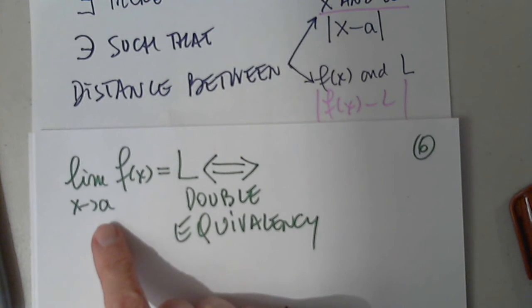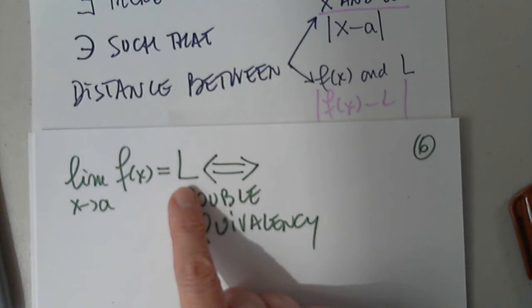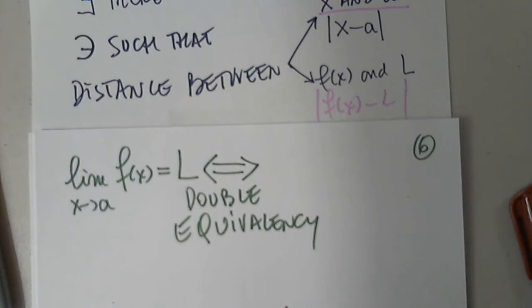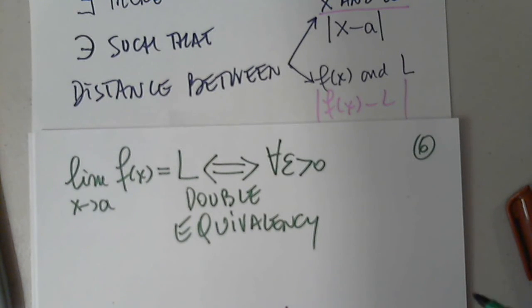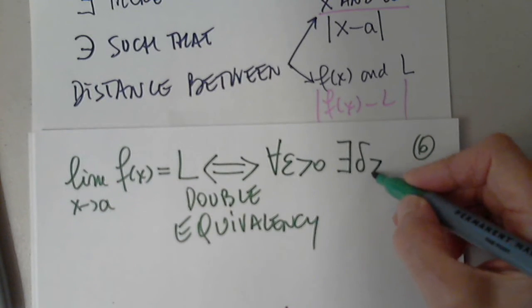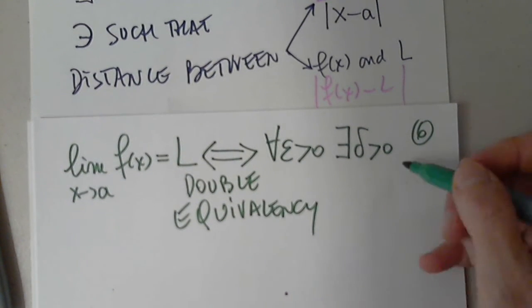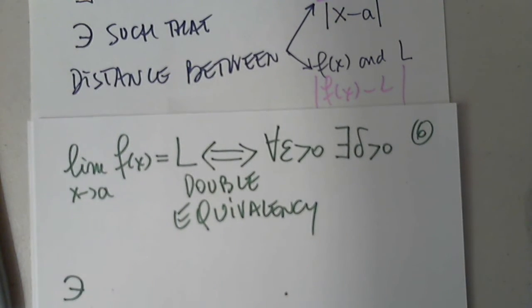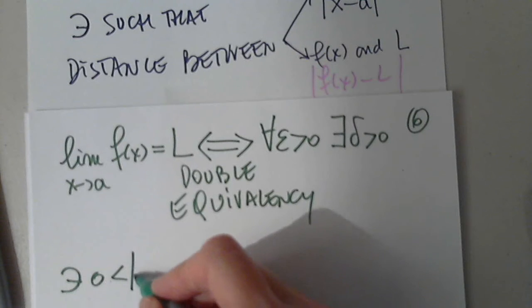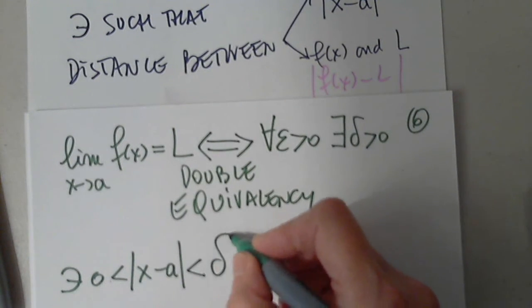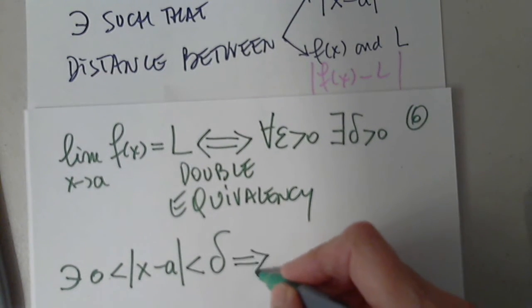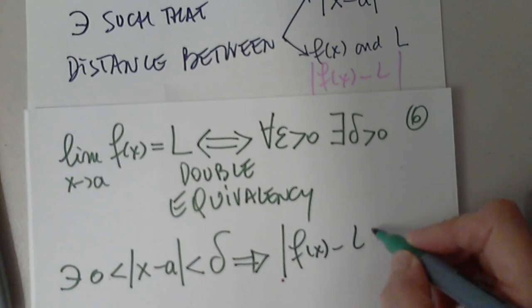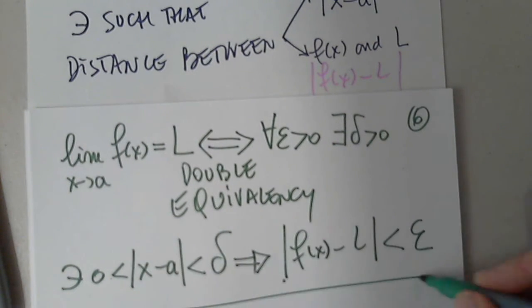So the limit as x approaches a of f of x is L is equivalent to saying for every epsilon positive, there exists a delta positive, such that every time I pick x within a distance of delta away from a, this will always imply that the distance between f of x and L must be less than epsilon. This is the epsilon-delta definition.